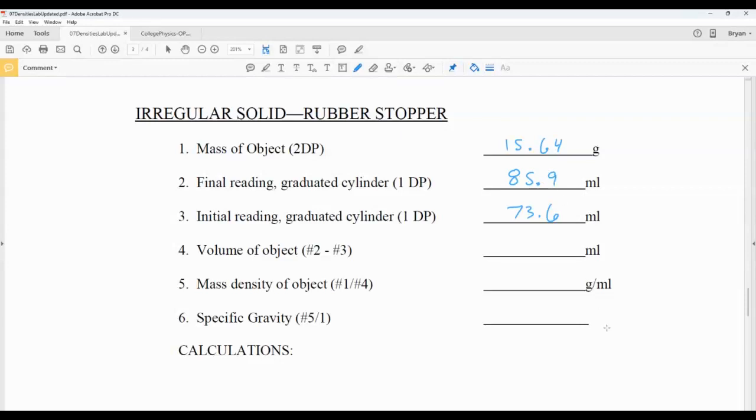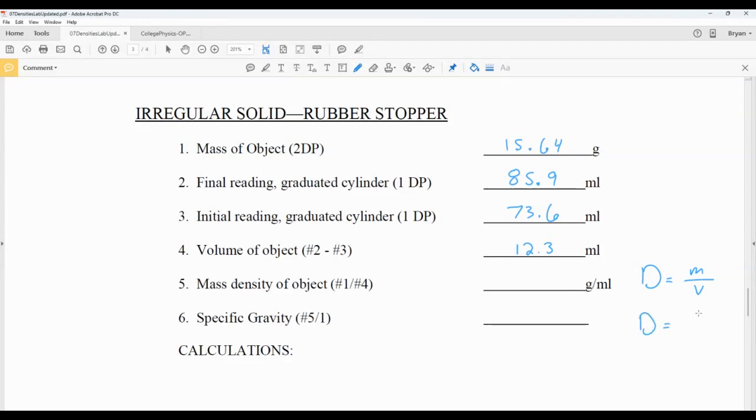Okay, so the water level goes up to 85.9 milliliters. So the volume of the object is going to be the difference between those, and so we subtract them and get 12.3 milliliters. Okay, and now we actually have enough information that we can find the mass density. So remember once more, that mass density takes mass and divides by volume.